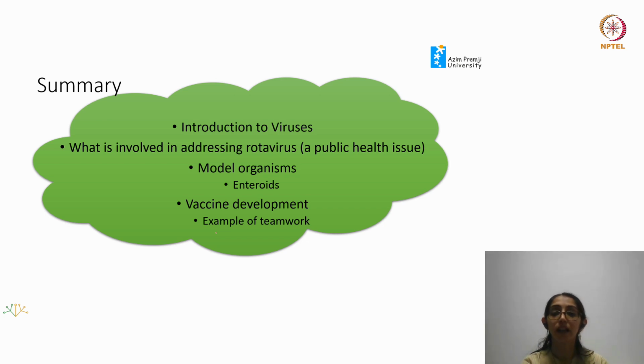The first is model organisms, and we looked at an example of intestinal cells being used to develop enteroids. We also briefly discussed how vaccine development is an example of really teamwork. The development of the Indian rotavirus vaccine is an amazing example of teamwork.